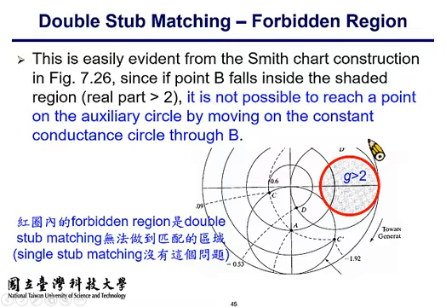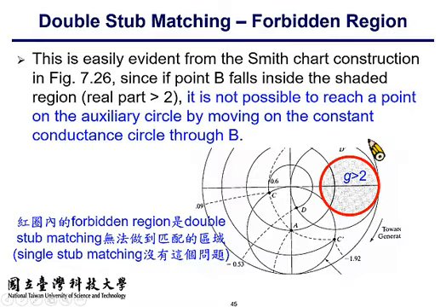You cannot achieve matching for real part greater than 2, for G greater than 2 in this case. So that's what double stop matching cannot do.